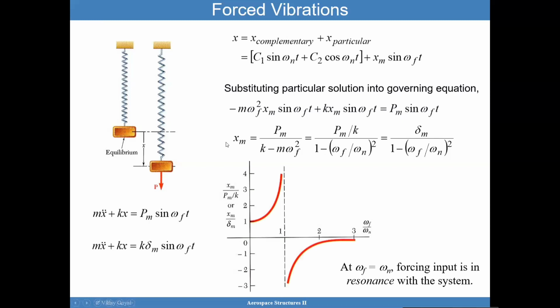And so you can see that here we take the peak amplitude of the motion, and you can see it goes to infinity. So we have resonant conditions at that point, and we call that resonance of the system.